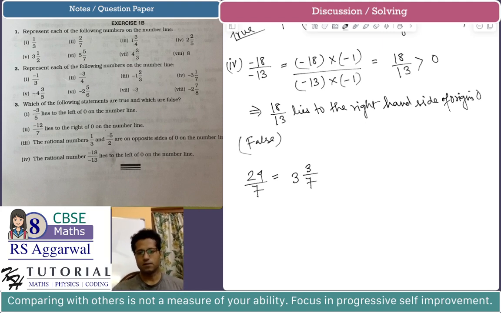So now you have the whole part, this is A, and the fraction part, this is B and this is C. If we consider this in the form A and B by C, A is 3, B is 3 and C is 7. So based on A, B and C, you know how to represent this rational number on the number line, if you have watched my previous video, or from the problems I have solved in this video.